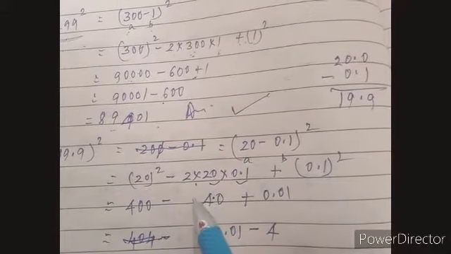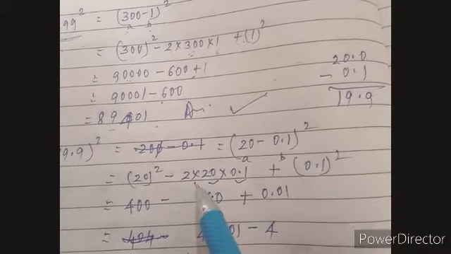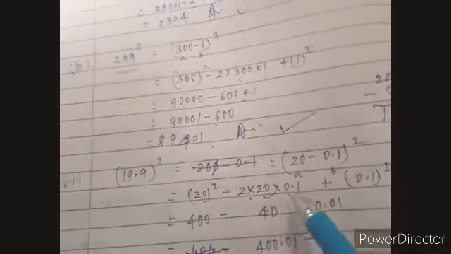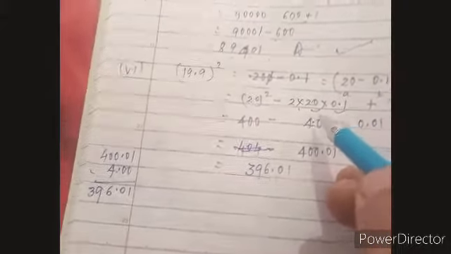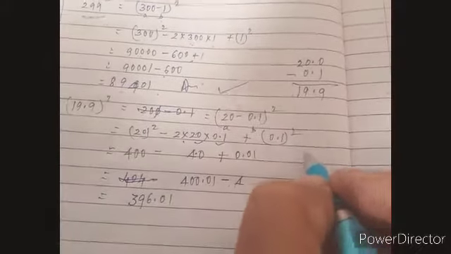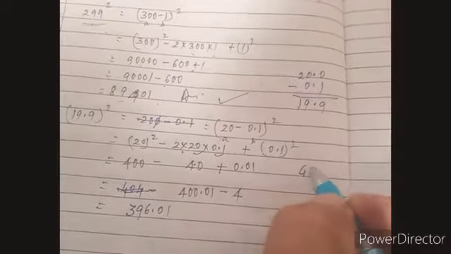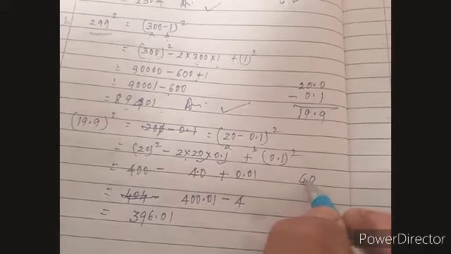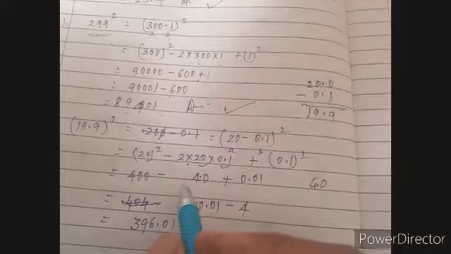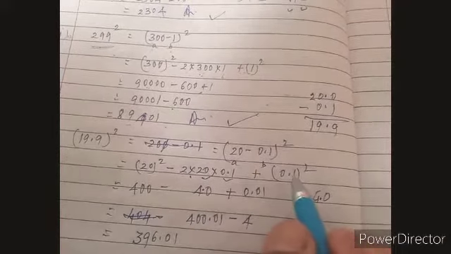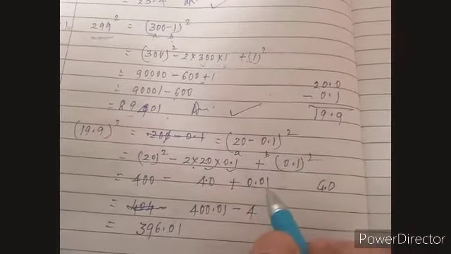Again 2ab: 2 into 20 is 40, 40 into 0.1. It is 40 only, but the decimal will be one place from the right. So it is 4. Minus 4 and plus 0.1 into 0.1, 0.01.